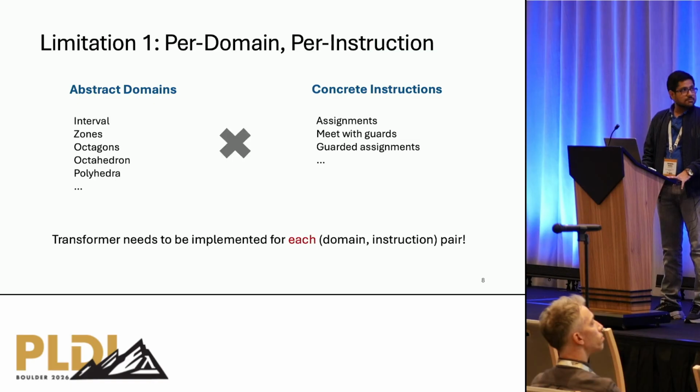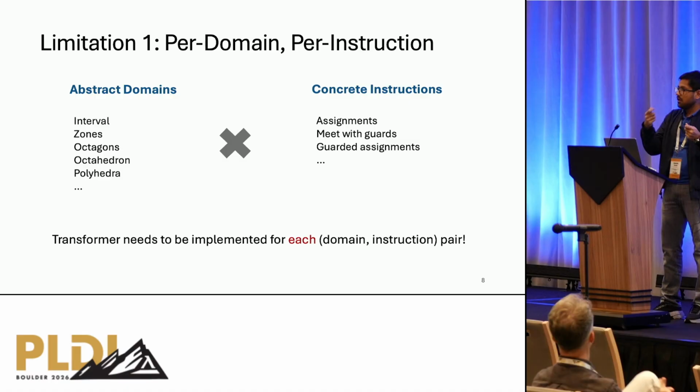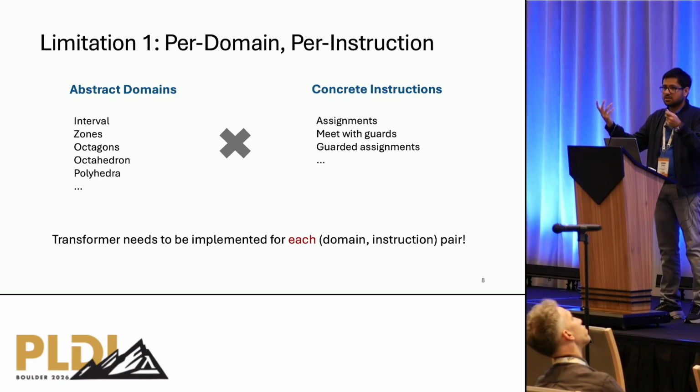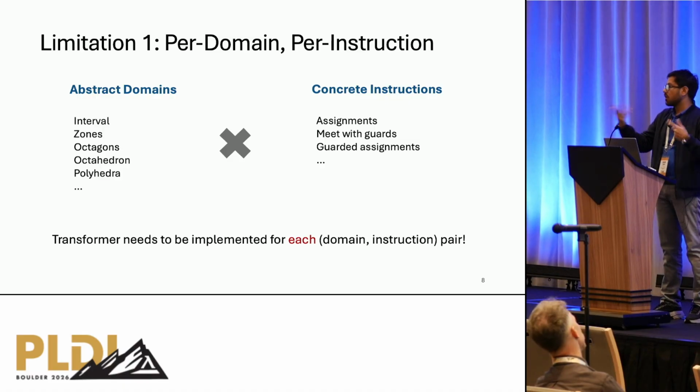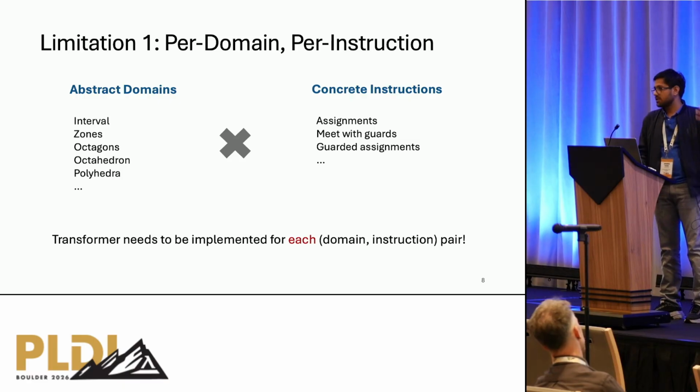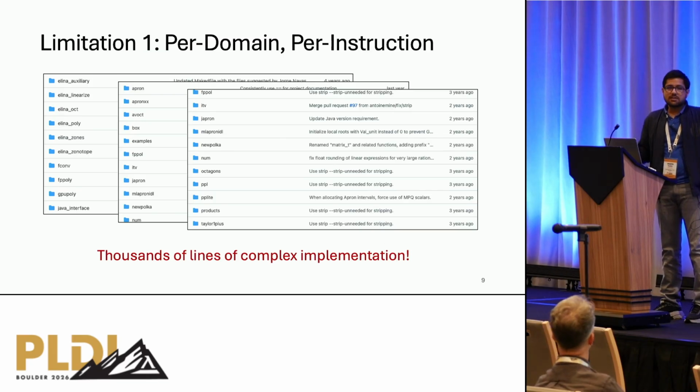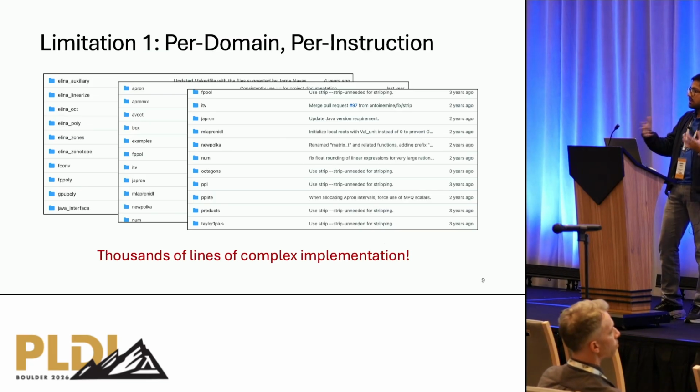Coming up with abstract transformers means you have to implement a new transformer for each domain and instruction. So you have to spend a lot of time, or nowadays a lot of tokens, to come up with all these transformers. This results in thousands of lines of complex implementation in the current libraries.